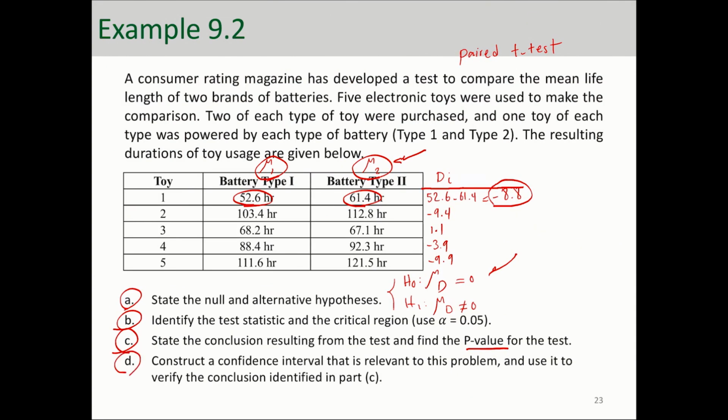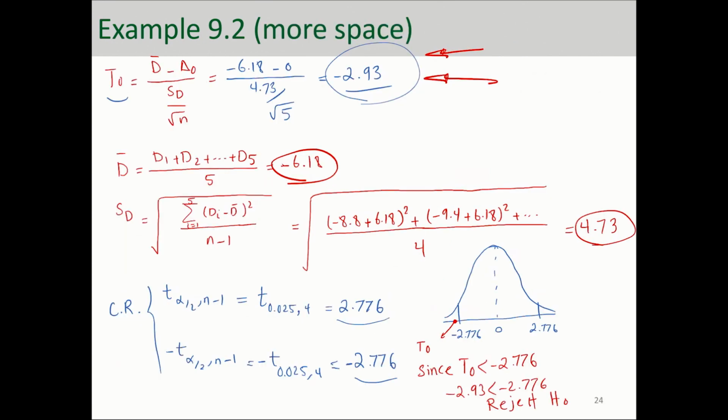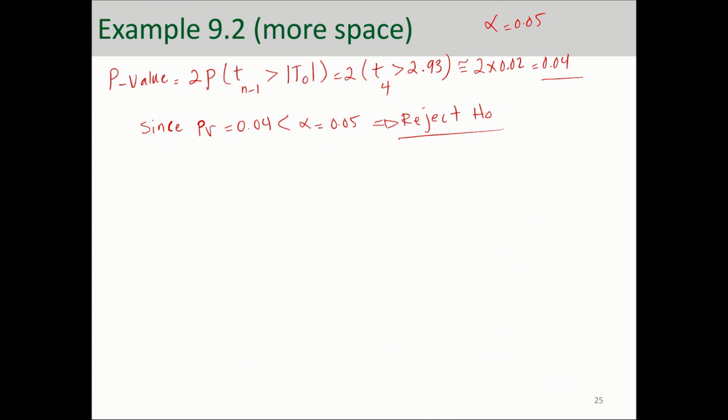For part D, we're constructing a confidence interval that is relevant to this problem, meaning that it's going to be a two-sided confidence interval. And we want to verify the conclusion that we identified in part C. So let's construct a confidence interval here.